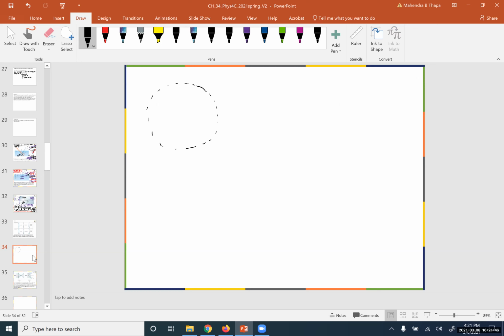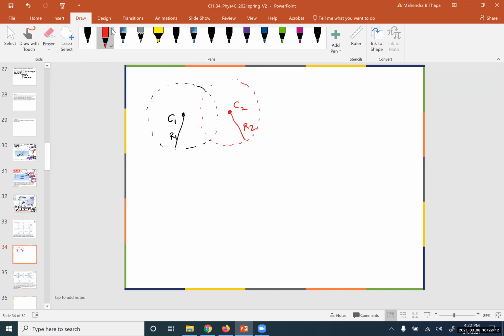It may have some center, so it may have center C1 and radius R1. I will also draw the other sphere. It has a separate center, and this radius may be the same or different. It is R2 with center C2. So we have two spheres.